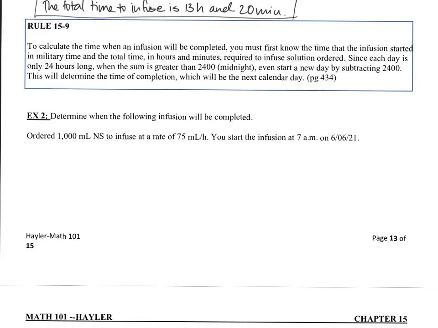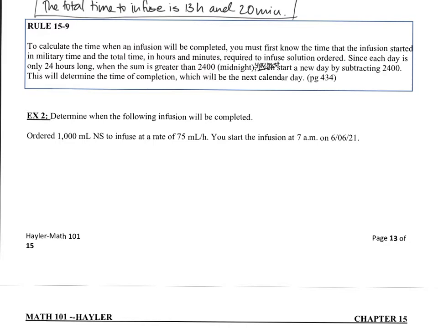Since each day is only 24 hours long, when the sum is greater than 2400, midnight, you must start a new day by subtracting 2400. This will determine the time of completion, which will be the next calendar day. So that is if the sum that you find is greater than the total hours in one day.